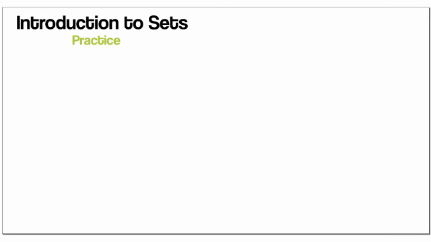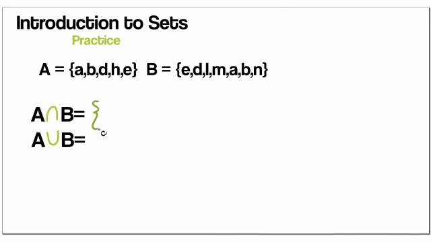Let's do another one. So the intersection of these two sets, A and B, will be A, B, D, and E. H is not in both sets, so it will not be in our intersection set. Remember, the intersection includes all of those items that are in both sets.